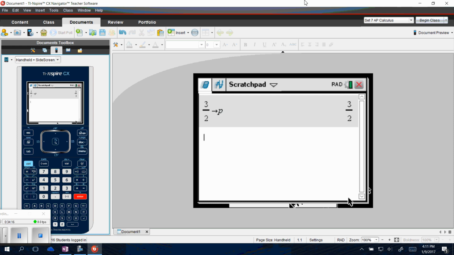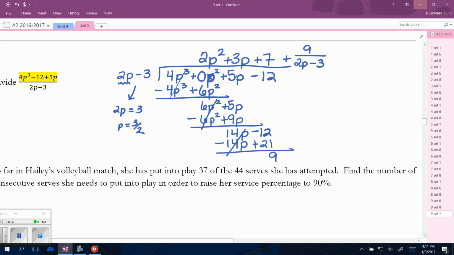Let's see, where am I? I'm in the wrong location, I'm sorry. Let's see, is 4p cubed plus 5p minus 12. Yeah, I should have a remainder of 9, so that's a nice way to check it.